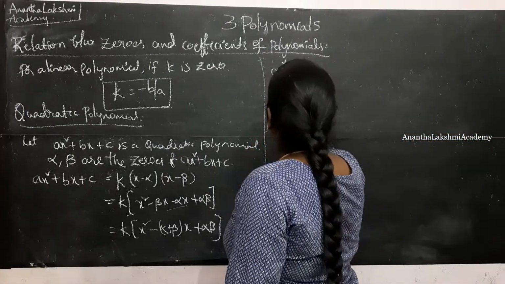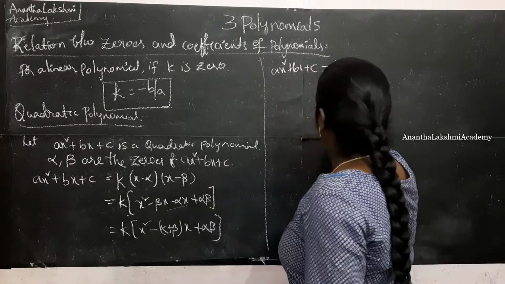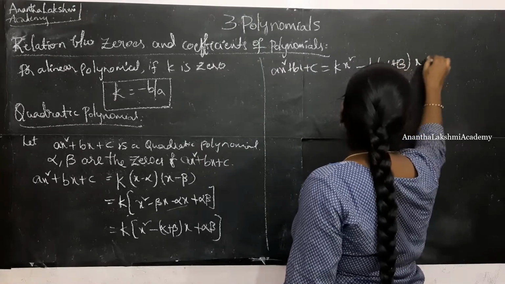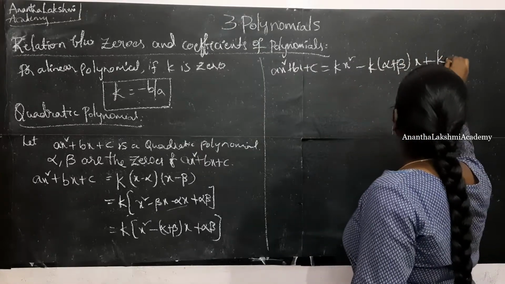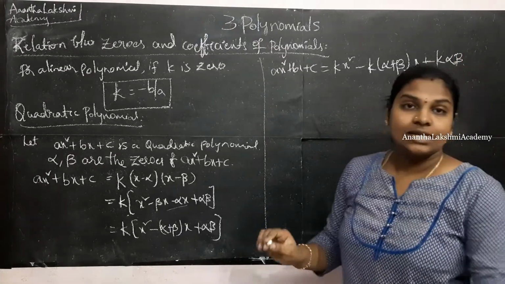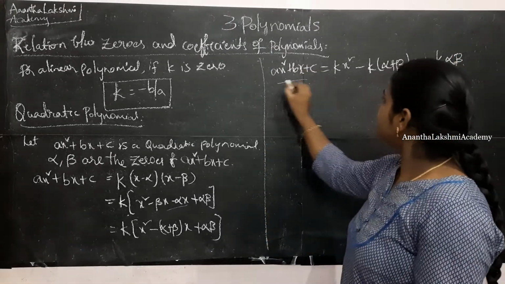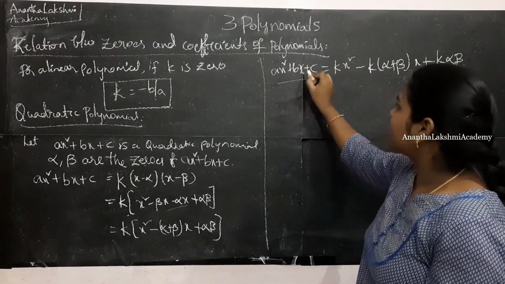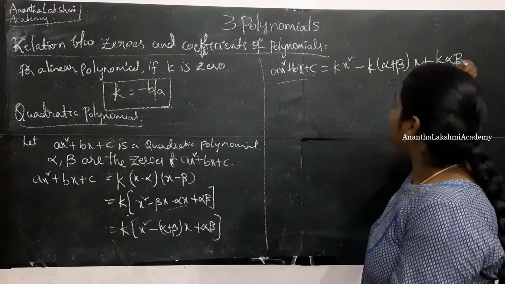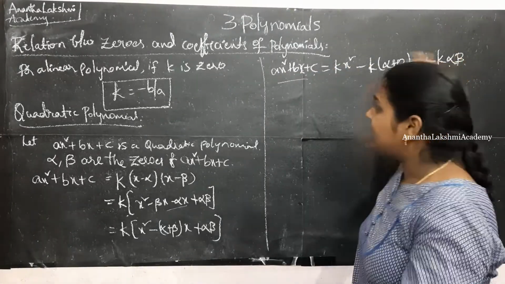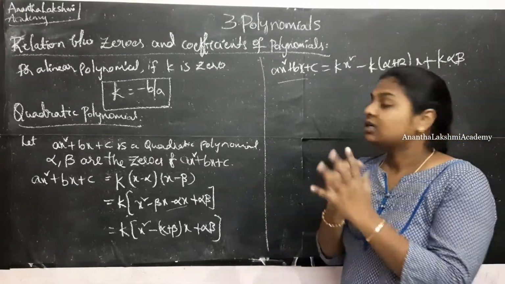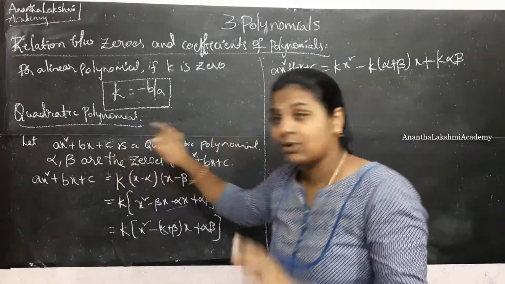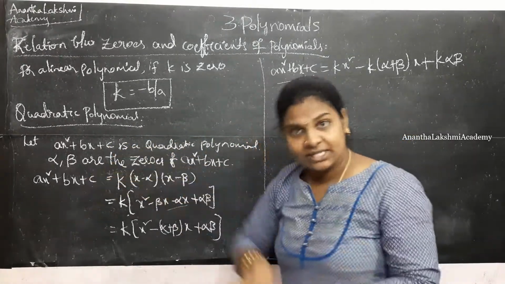Ax square plus bx plus c is equal to kx square minus k into alpha plus beta into x plus k into alpha beta. Now here we have x square, here we have x square, x and x, and the constants c and k alpha beta. So let us try equating the coefficients, when ax square plus bx plus c is a quadratic polynomial and alpha, beta are the roots of it.